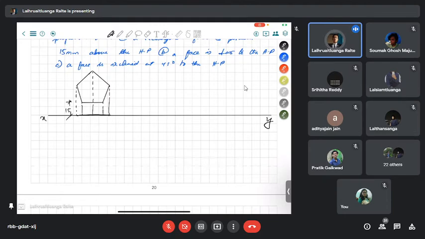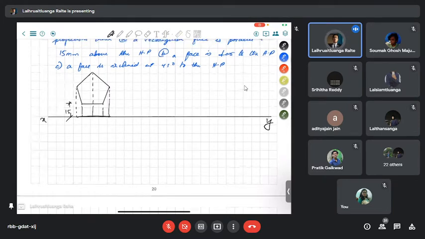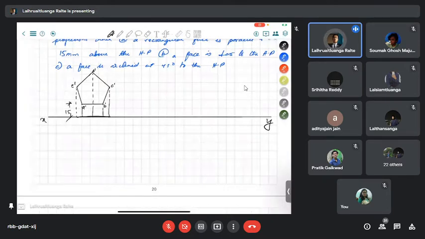The closer ones are going to be A, B, C, D, and the further ones are going to be 1, 2, 3, 4, 5. So let's say we start off by assigning this one as A, B, C, D, E. Correspondingly, we are going to have 1, 2, 3, 4, 5. And I'll tell you why.